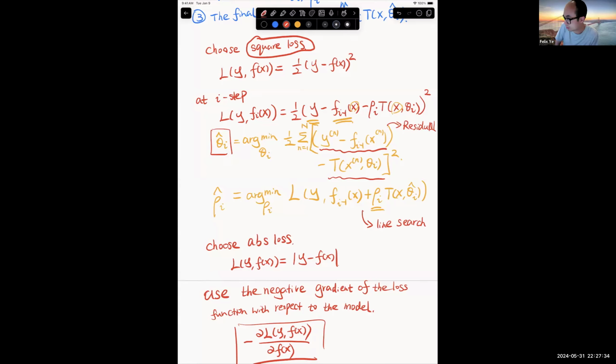Gradient boosting will also be different if we choose different loss functions. Everything lies in this. I'm just trying to give you one specific example if we choose a square loss.